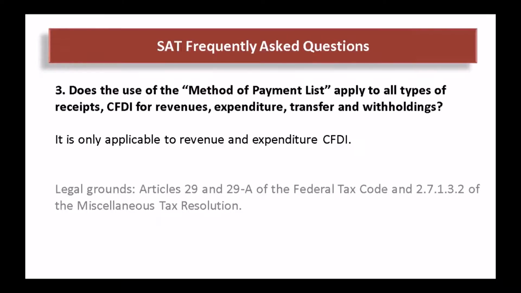If the CFDI is issued after the payroll payment, you will be obligated to include the code for the payment depending on what it was. If the CFDI is issued before payment, we can always use the benefit of including NA because we don't know how the payment is going to be made.